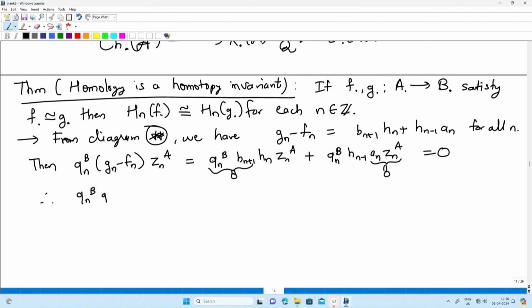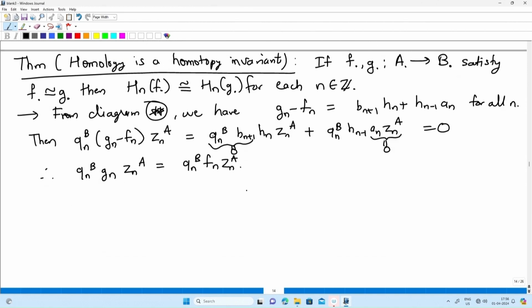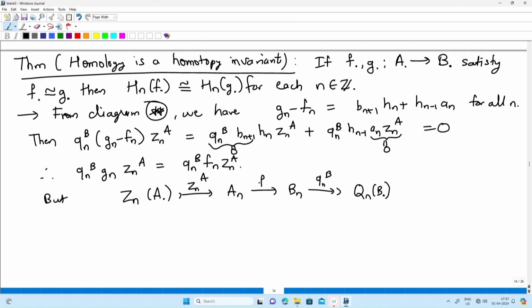That Qnb composed with Gn Zna is equal to Qnb composed with Fn Zna for each n. Now you just have to recall the definition of homology. Zna, then An, then Bn, and Qnb. So this is Qnb, and this is Zna, and this is Fn.